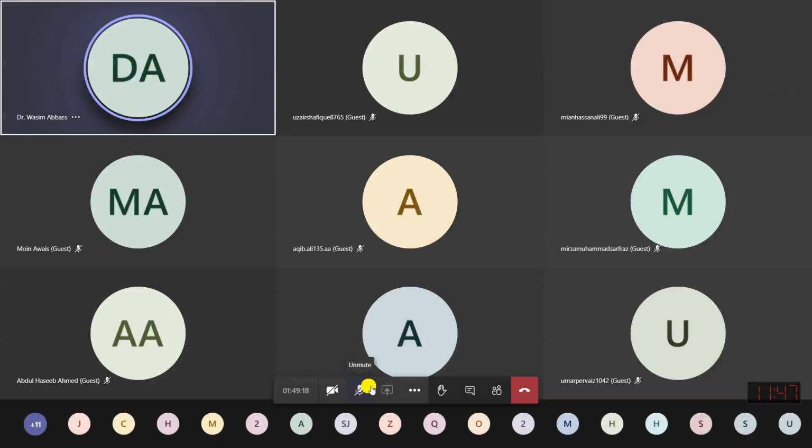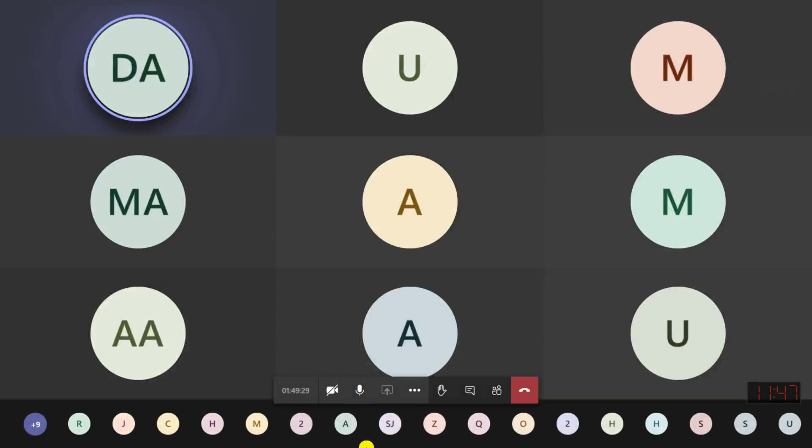Can you tell me, students, what is the step-by-step procedure for the analysis of any structure by the force method? Please tell me your roll number. 67, Hamza. Okay, go ahead.